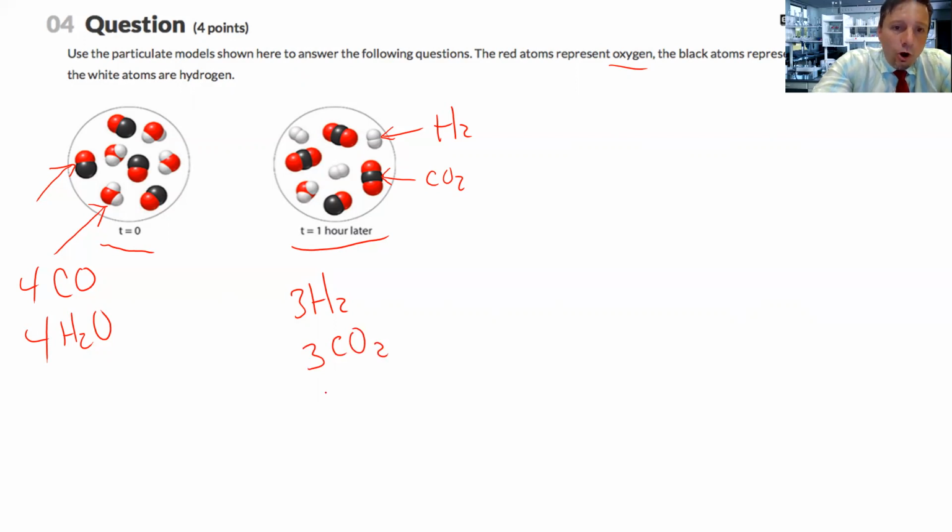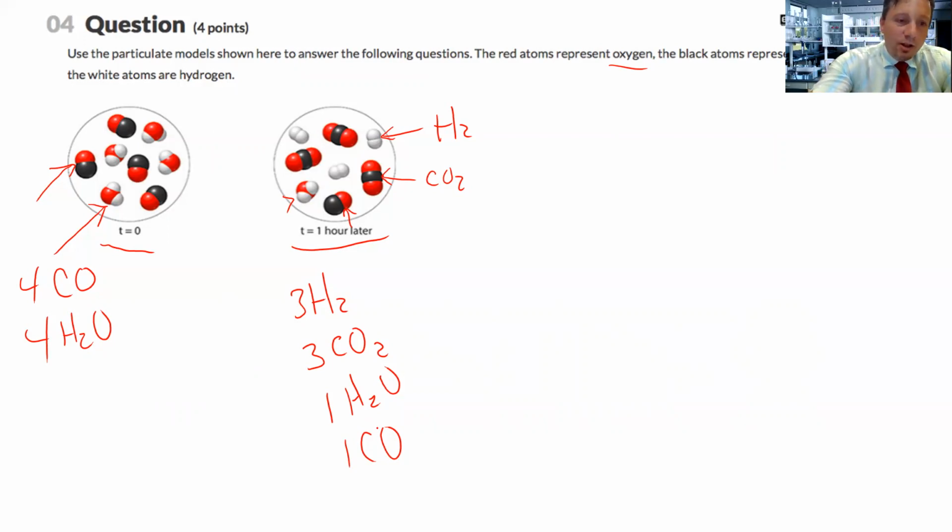I have 1 water right here. And I have 1 carbon monoxide. So that is what has transpired.